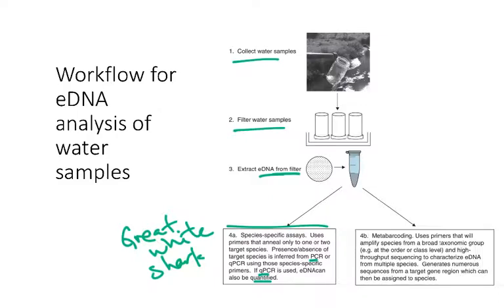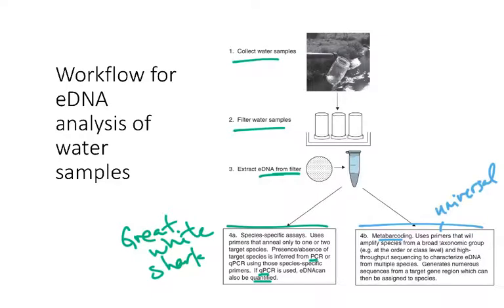The other approach you can take if you aren't interested in one target species, but rather you want to know overall what species are in that community, in that case, you would take a metabarcoding approach. So remember, as we've talked about before, when you're doing metabarcoding, you're using universal primers that amplify species from a broad taxonomic group.